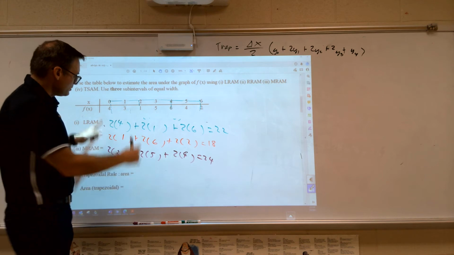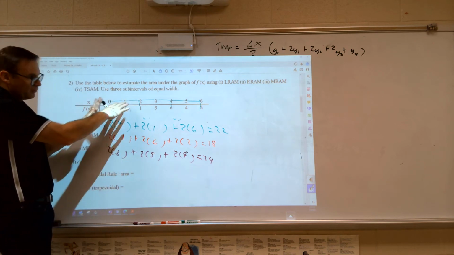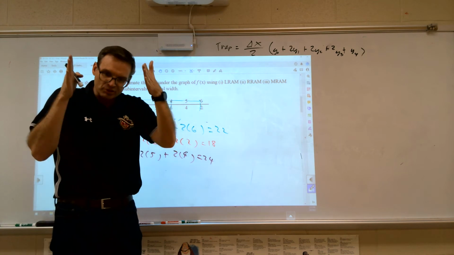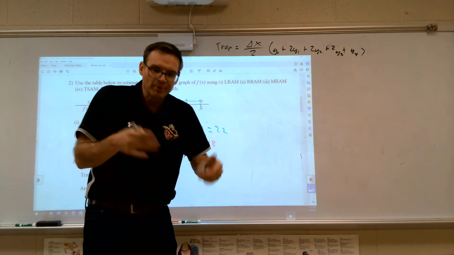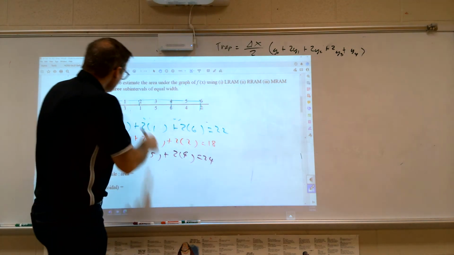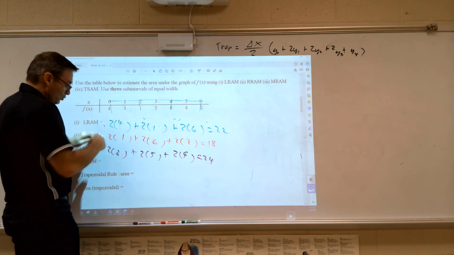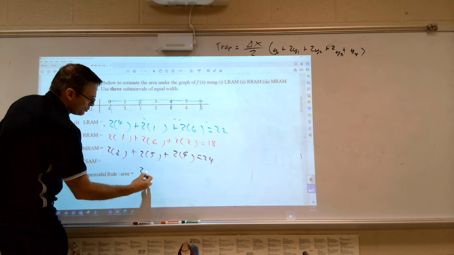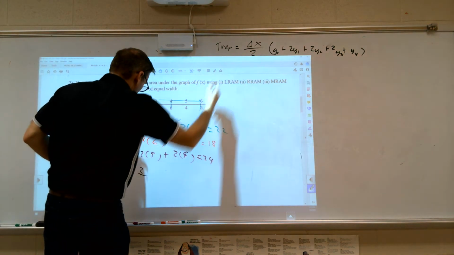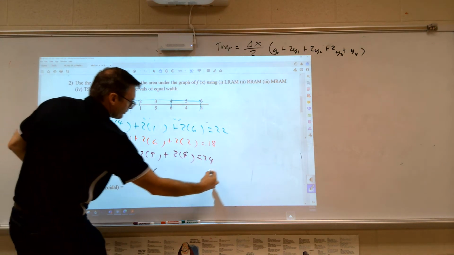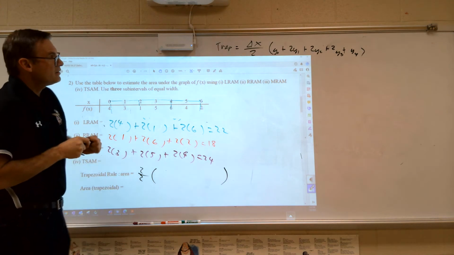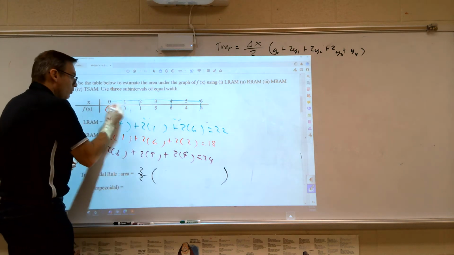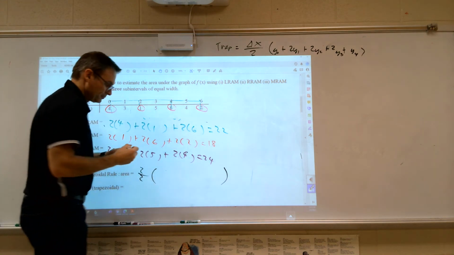Trapezoidal rule says, remember we go back and we've got our partitions. Delta x, how wide is your partition? That's the width of our rectangle, or trapezoid in this case. In this case, the width of our trapezoid is 2. And so this is going to give me 2. I've got to divide by 2. And then you just pick your y values. These are our y values that we're interested in.